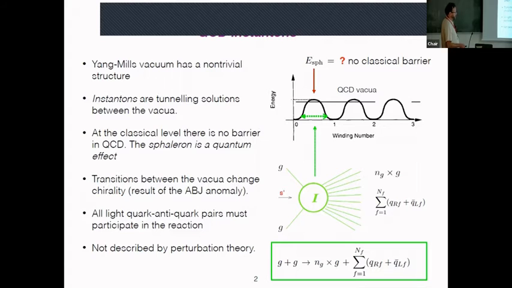And nf here is the number of light flavors, so the flavors with mass smaller than the inverse instanton size, right? An important thing is that this number of gluons is not fixed in the instanton process, and at sufficiently high energies this number can be very large, non-perturbatively large, of order 10, 20, and so on.